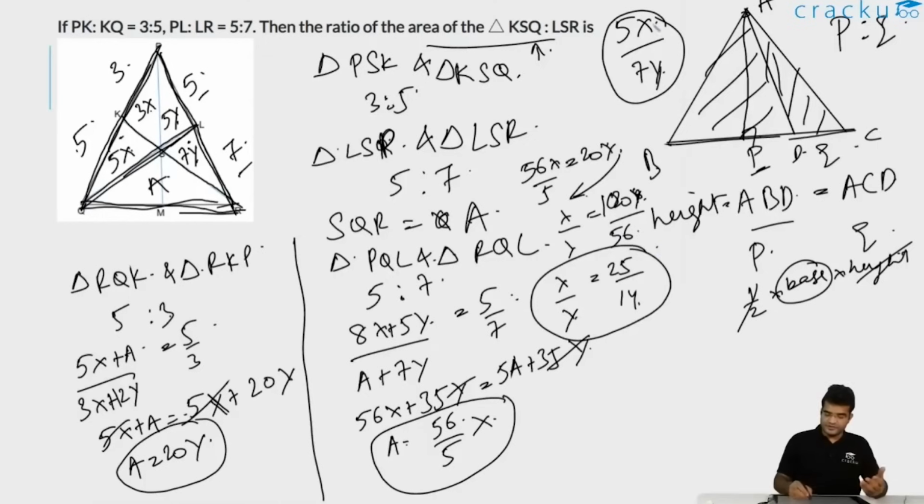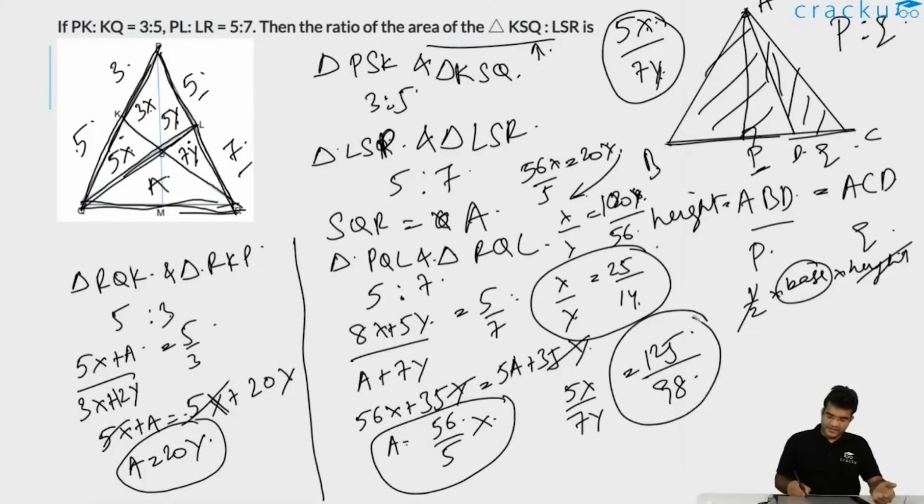What we are supposed to output is 5x by 7y. So 5x by 7y equals 5 into 25 by 7 into 14, which is 125 by 98. So the required ratio of areas is 125:98.